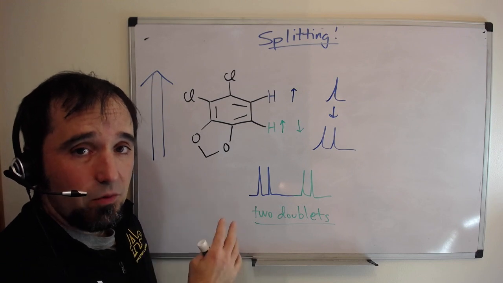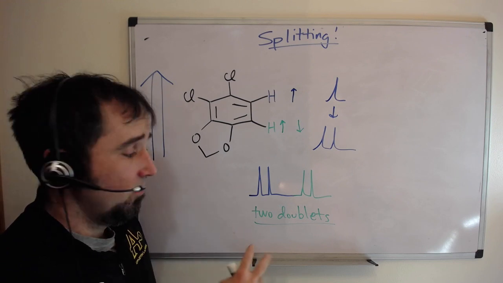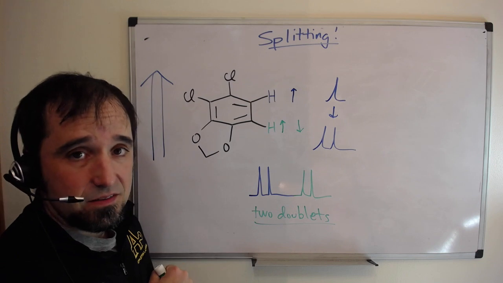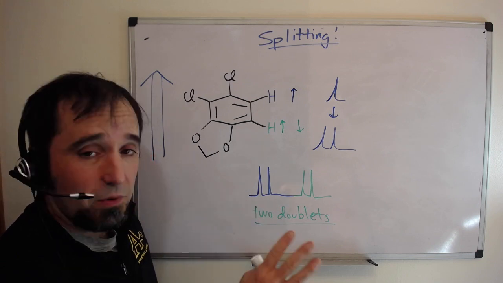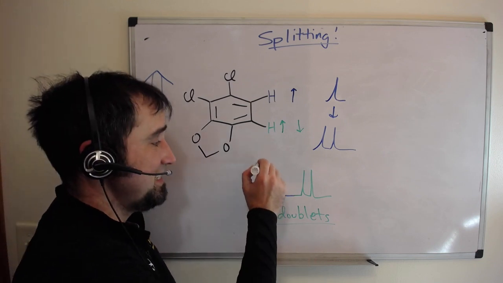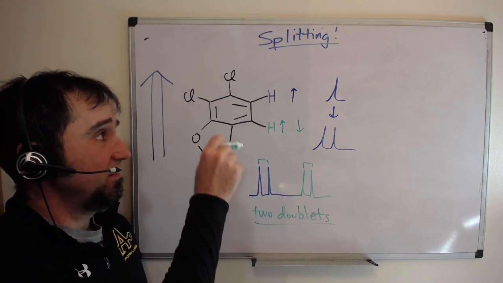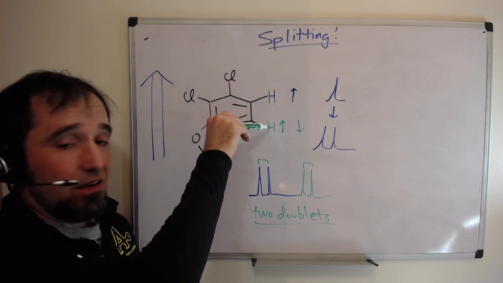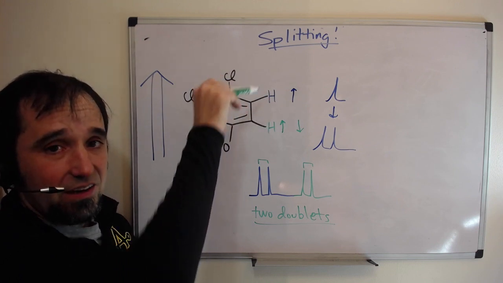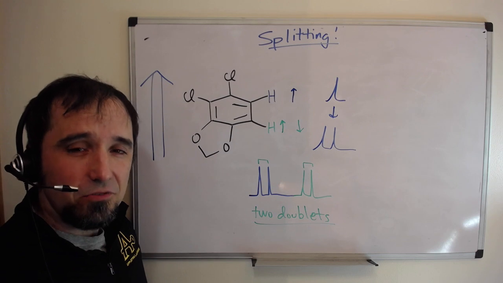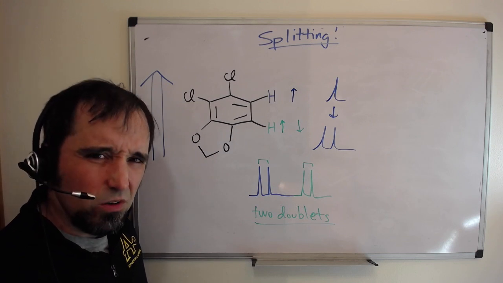And so each of them will be a doublet. Well, 2 doublets in this spectrum. And we'll talk about this more later, but the distance between these peaks are going to be the same, because I guess A affects B just as much as B affects A, right? We all affect each other in this world.